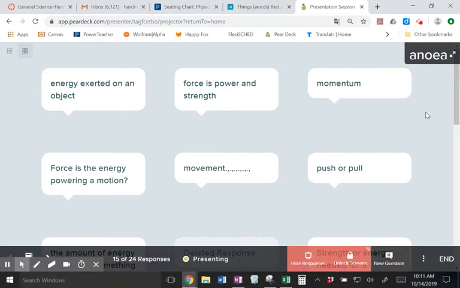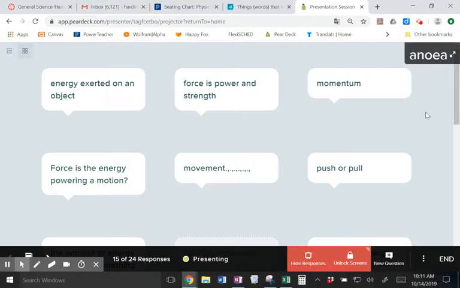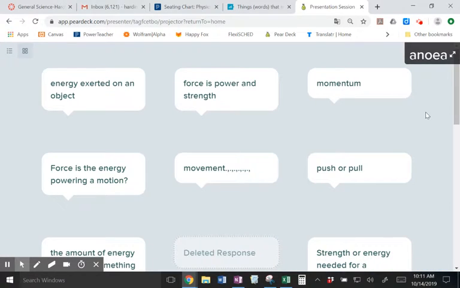All right. So if we could wordle this, what are the most common words that showed up here? Momentum. Force, hopefully, right? How many times did the word force appear? Motion, 5 times.